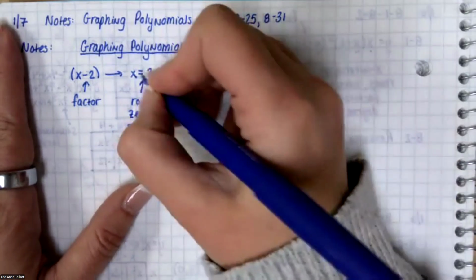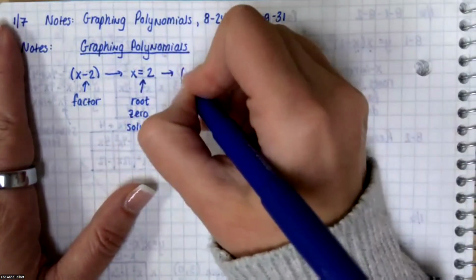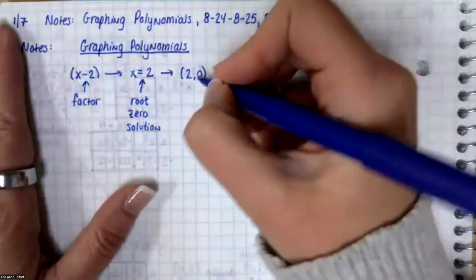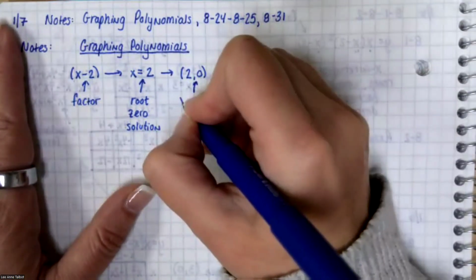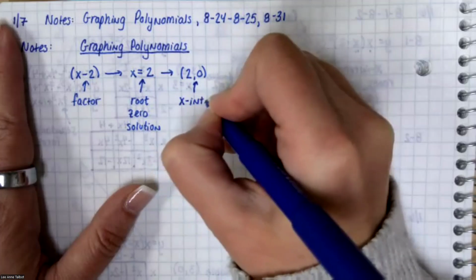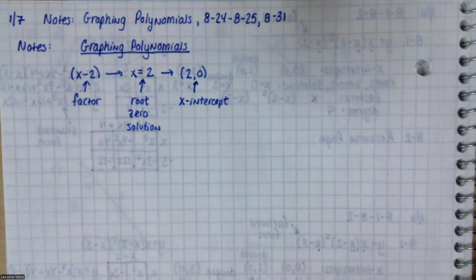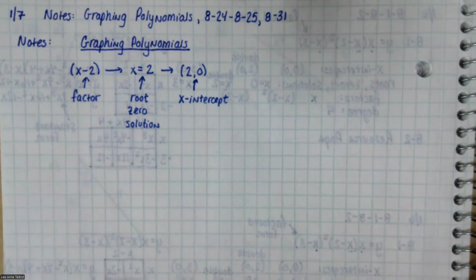And if we take that root, 0 or solution and put it into a coordinate point, that is called an x-intercept. That was the first thing we learned yesterday. Or review.